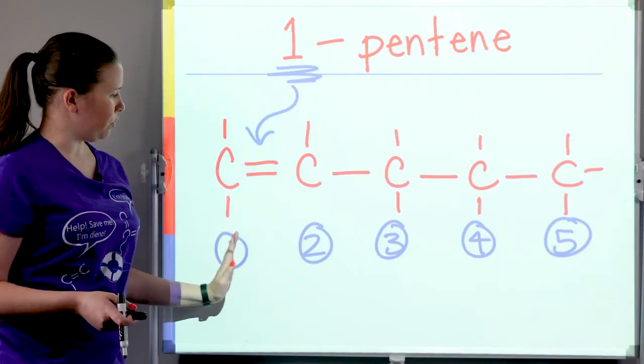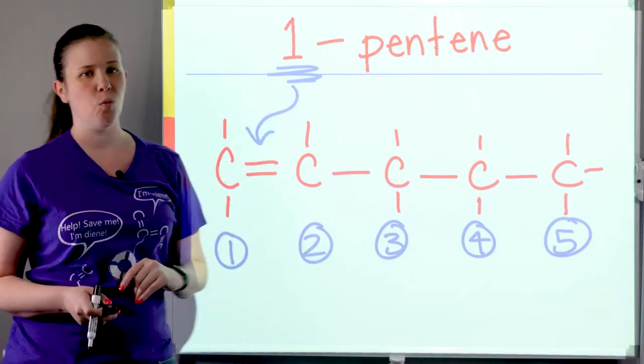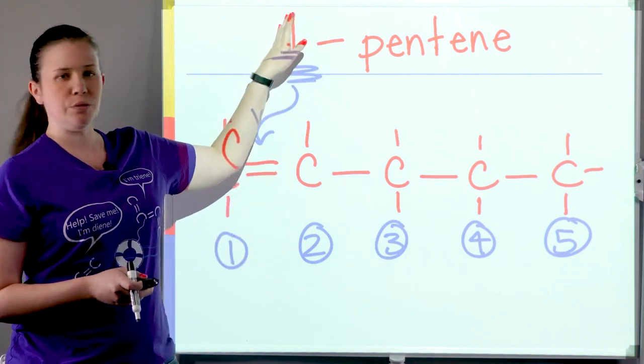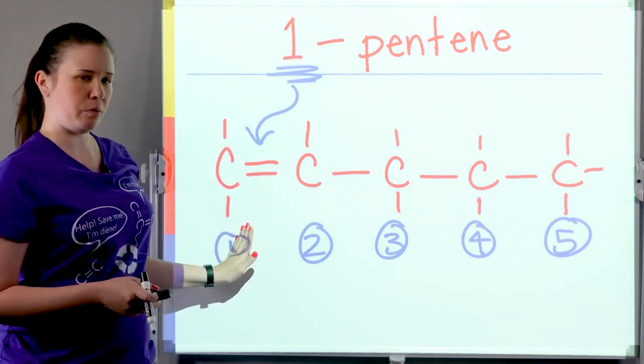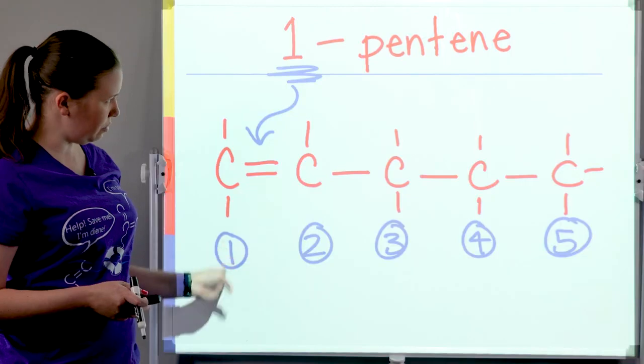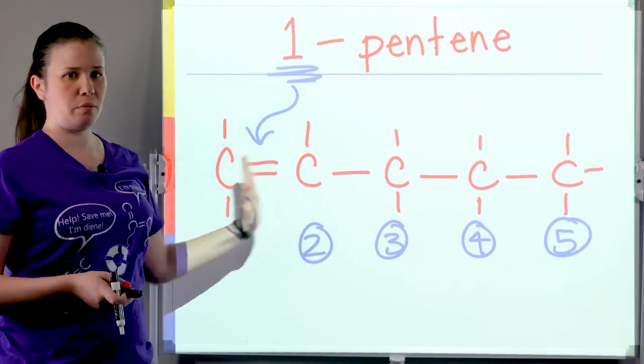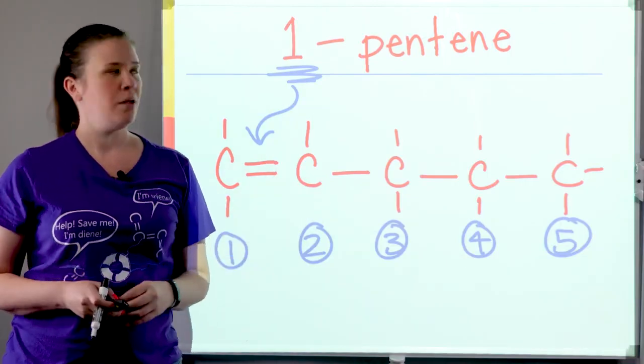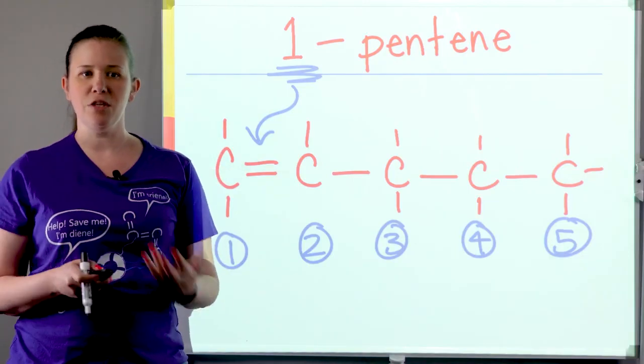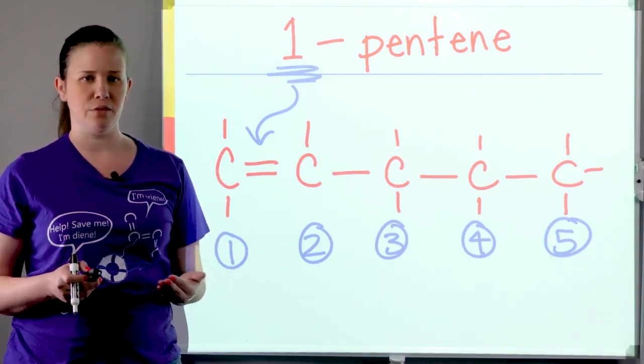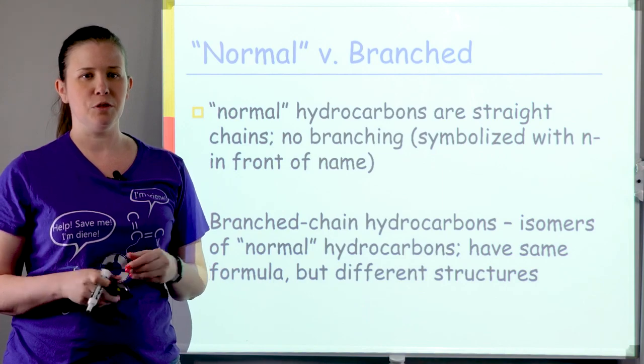So it's between the first and second carbon, so we're going to call it 1-pentene. There's a rule we'll talk about later where you're always going with the lowest numbers. So we'll name it, or number it, I should say, 1, meaning it's between 1 and 2. So that's an example of how the name can change based on the type of bonding that you see. Now let's look at a few more examples.